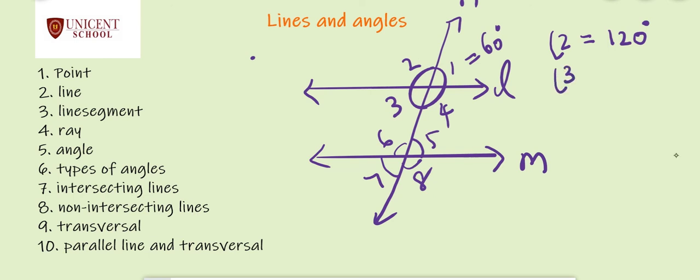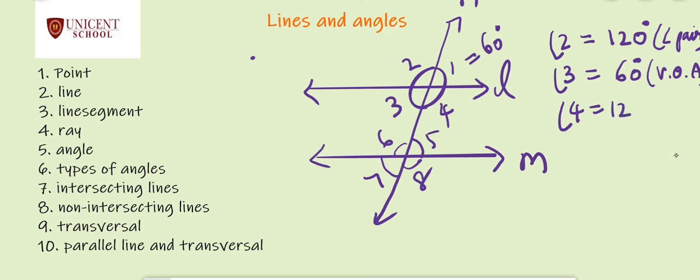Angle 3 is equal to 60 degrees; the property is vertically opposite angles are equal, and this is based on the linear pair. Next, angle 4: I can take it as vertically opposite or based on the linear pair also. I can give that angle 4 is equal to 120.